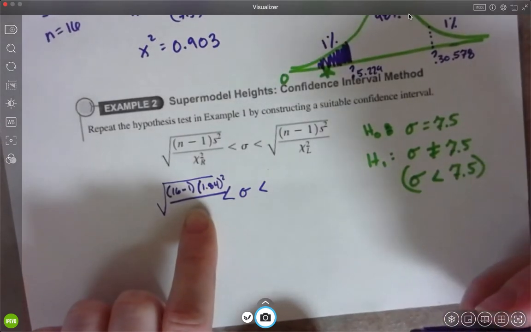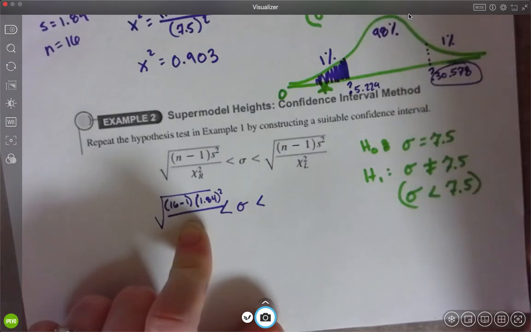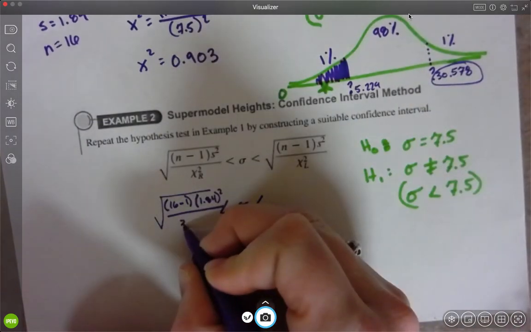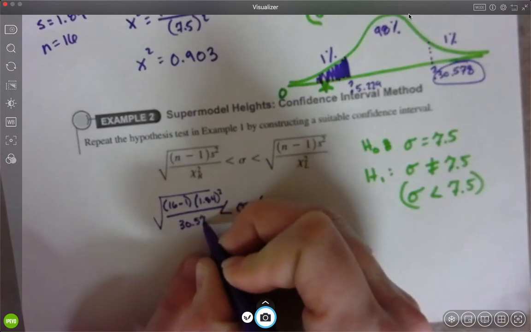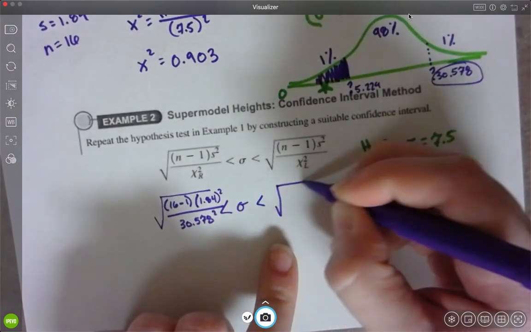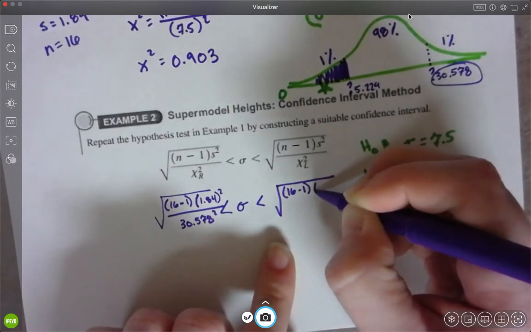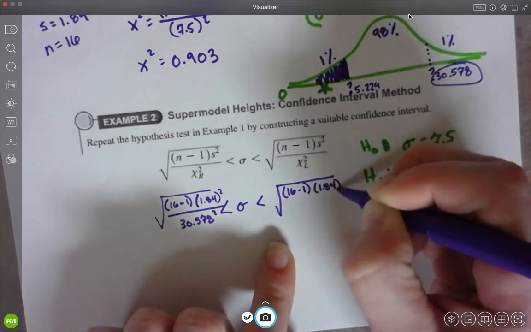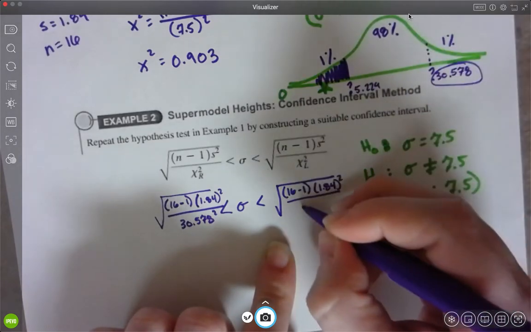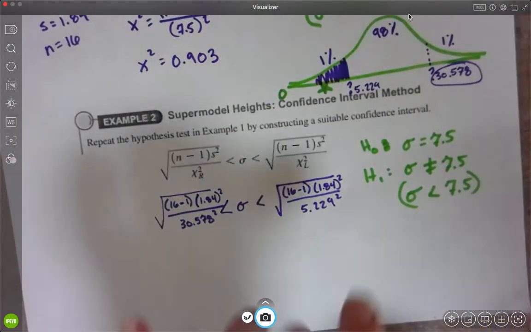The right side chi-squared value was this 30.578. So we're going to take 30.578 and square root it. Now this other one is going to look exactly the same, except it's going to have a different bottom number. It is going to be the 5.229. And we're going to see how this confidence interval method compares to what we did up here.